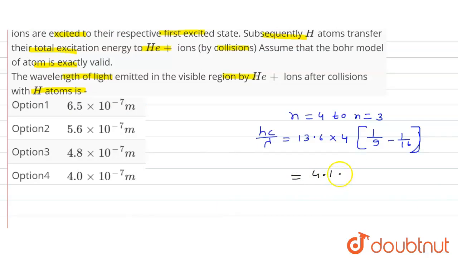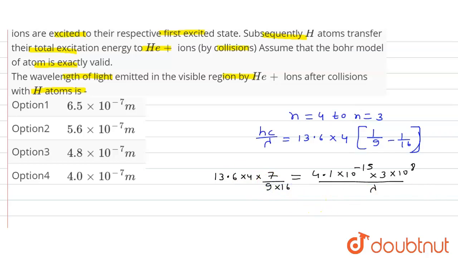4.1 into 10 to the power minus 15 into 3 into 10 to the power 8 upon lambda is equal to how much? This will be 13.6 into 4 into 7 upon 9 into 16.